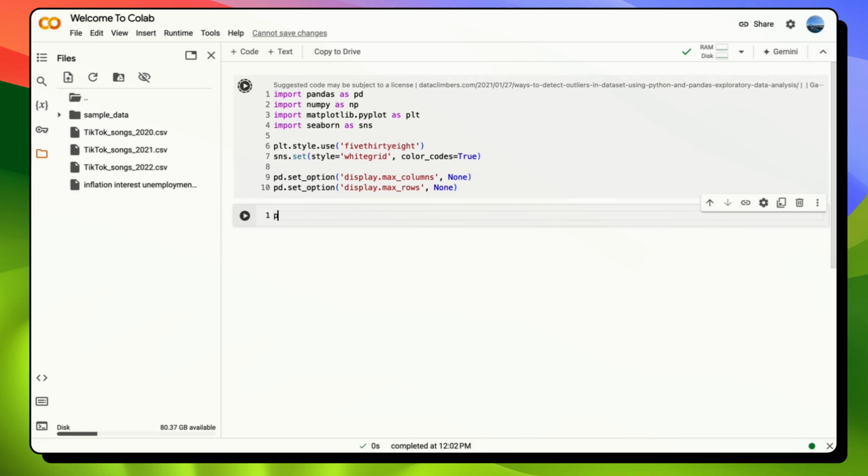There you go. Let's go ahead and import the file.